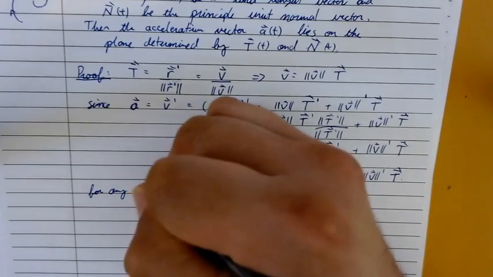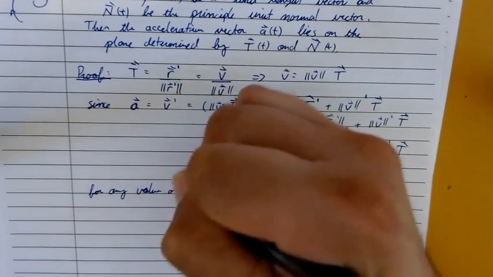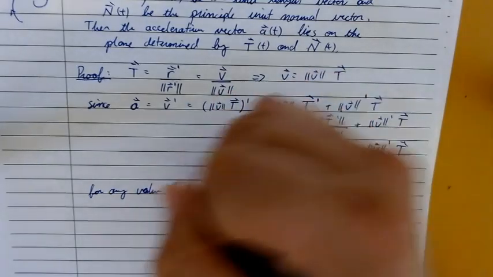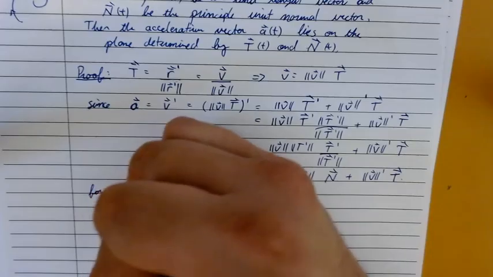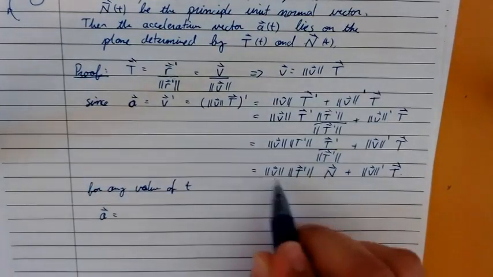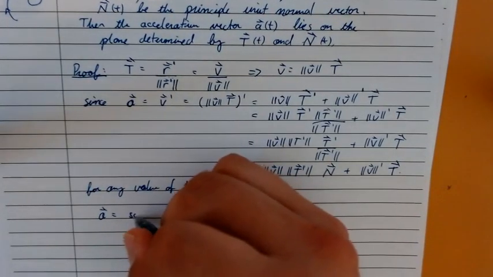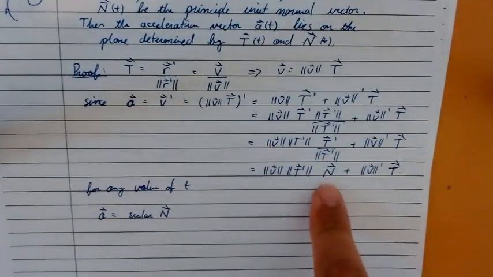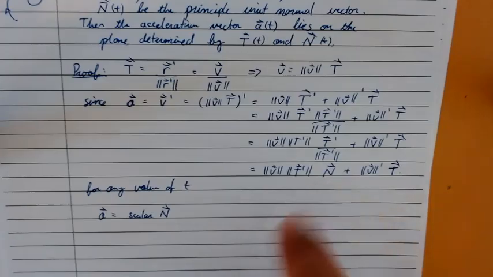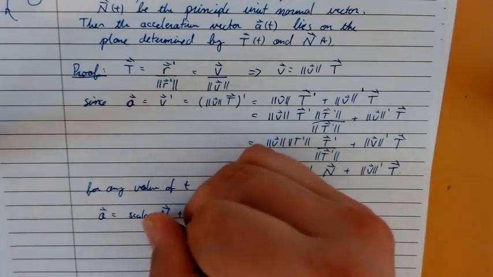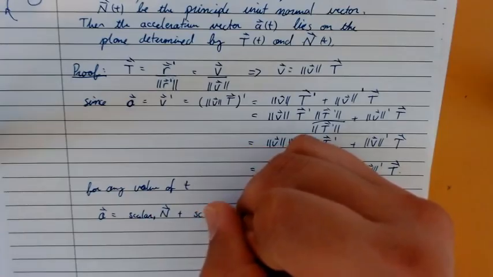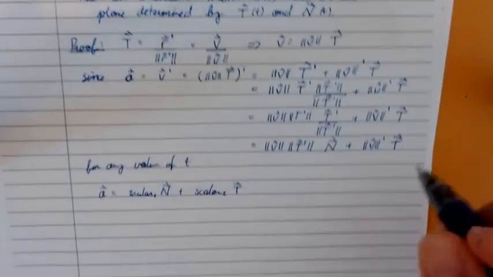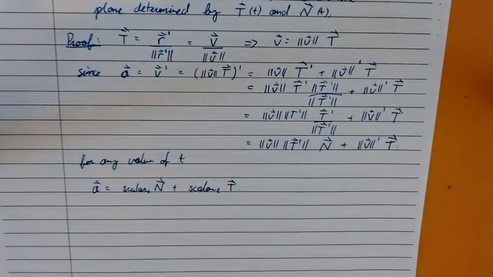For any value of t, we get a is equal to, this is just a scalar, times the principal unit normal vector n, plus, I'll call this one scalar number 1, and this is scalar number 2, times the unit tangent vector t.